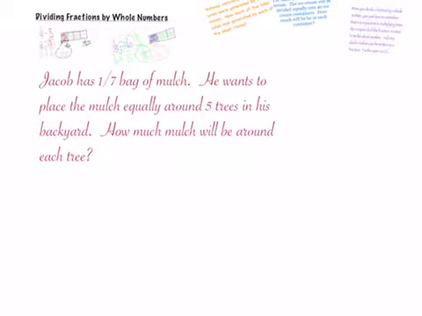Okay, it says Jacob has 1/7 bag of mulch. He wants to place the mulch equally around 5 trees in his backyard. So how much mulch will be around each tree? So we're going to start it off with our 1/7, and we're going to divide it by the number of trees. He's got 5 trees, so divided by 5.